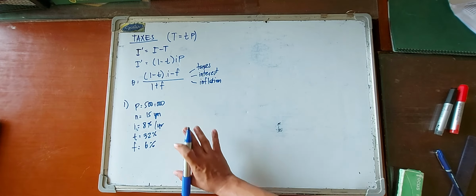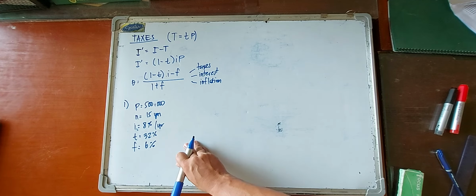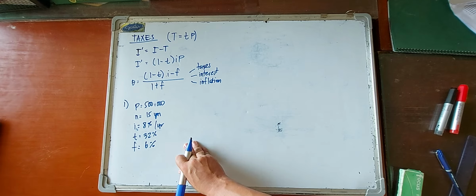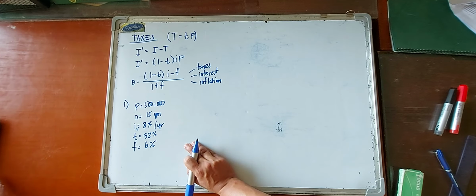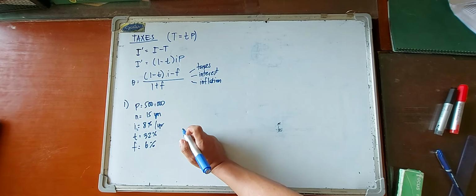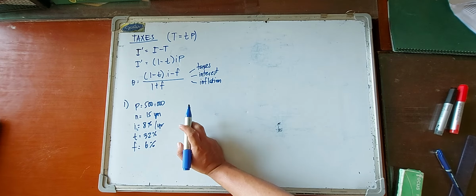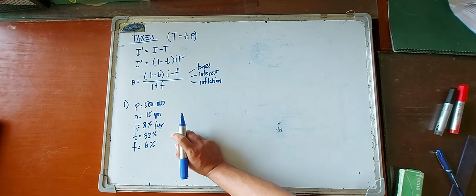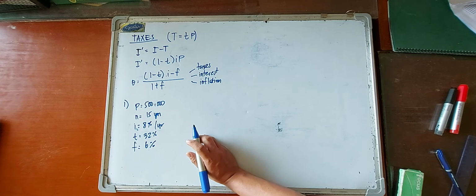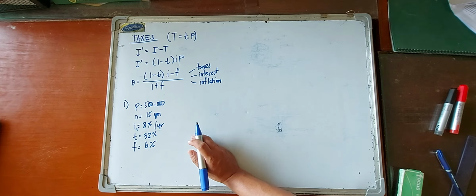Now let's try to solve the problem we have solved a while ago dun sa previous topic natin na inflation rate. Okay? So kanina, let me just read to you na lang para ma-refresh. Okay, Sislin has received 500,000 pesos from her employer for a patent disclosure. Hindi ko na sinulat yung problem kasi medyo mahaba. So she has decided to invest the money in a 15-year saving certificate that pays 8% per year.